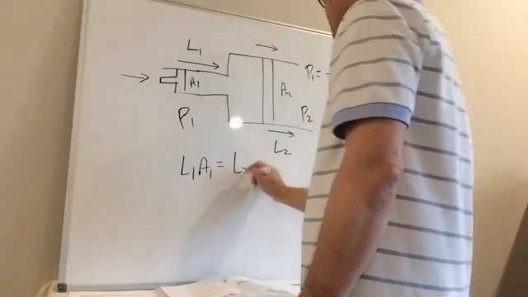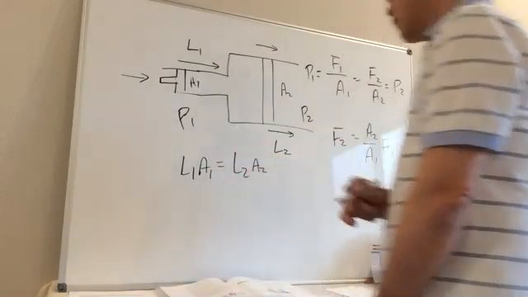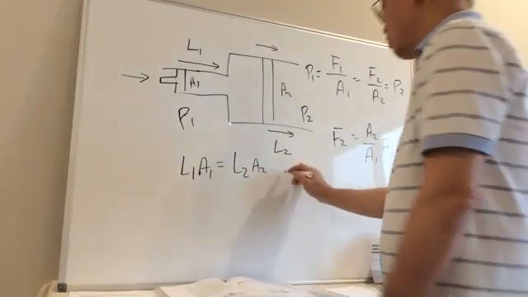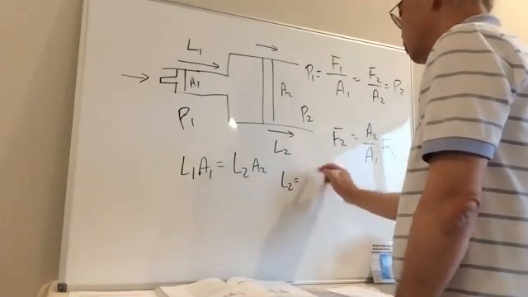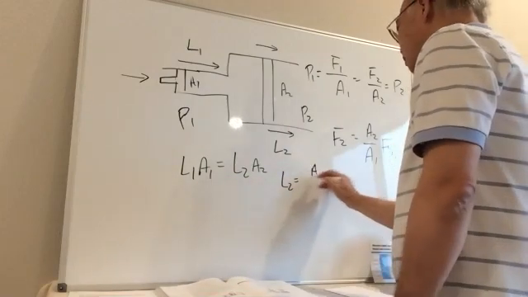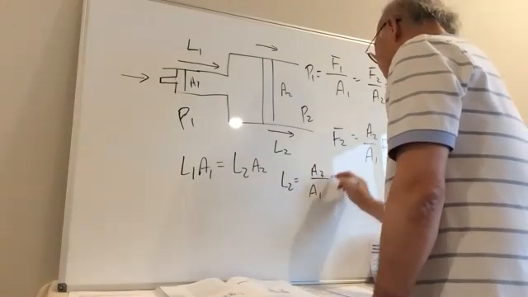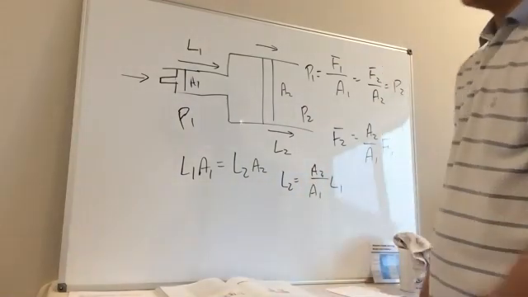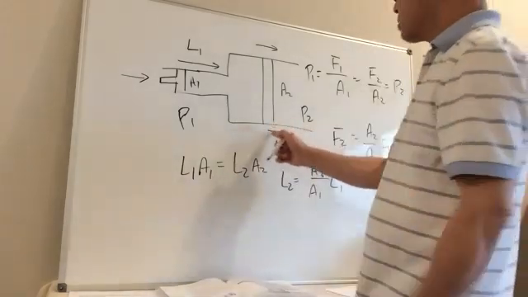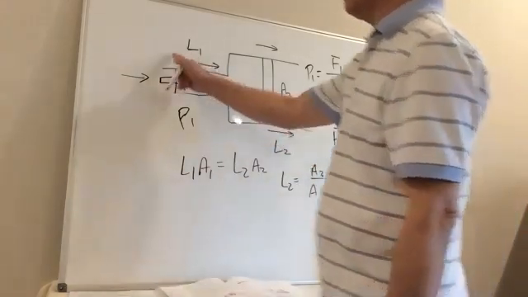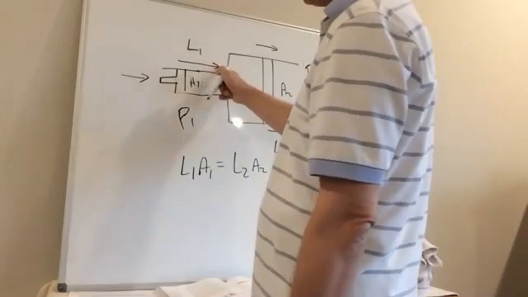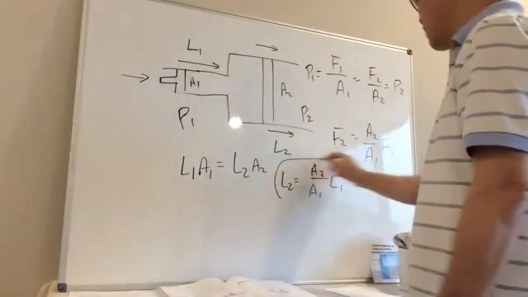So L2 is going to be equal to A2 over A1 times L1. So when we talked about what the displacement is going to be here when you displace this L1, this is how you would find that.